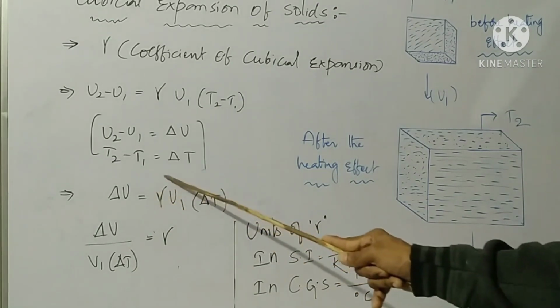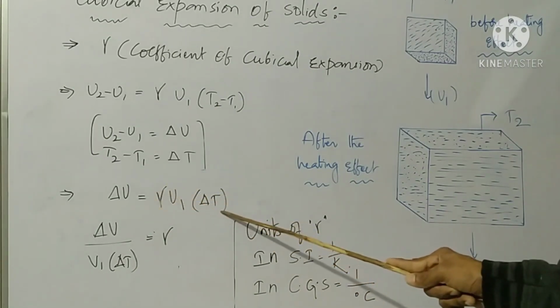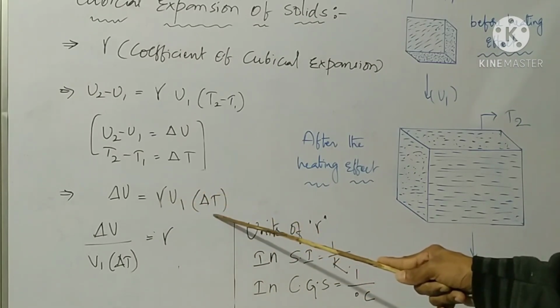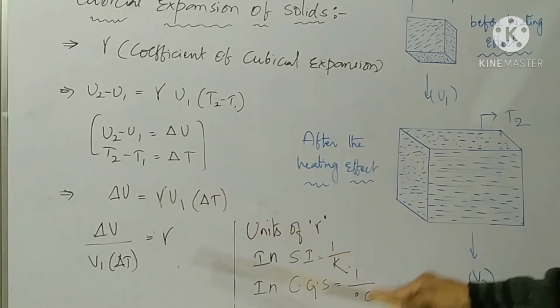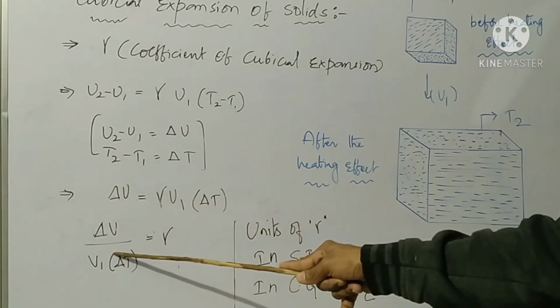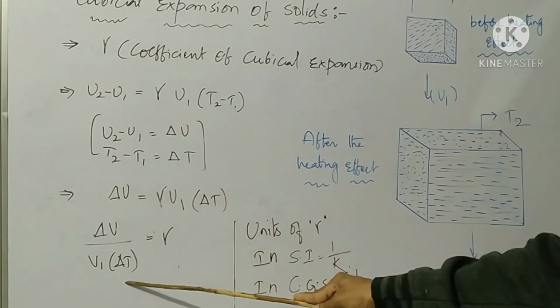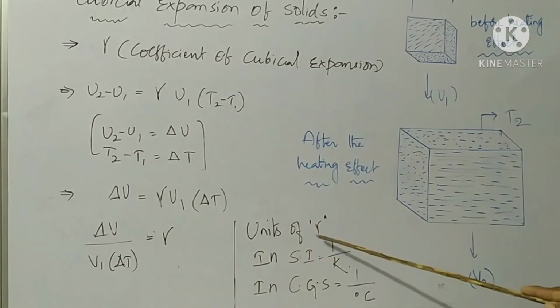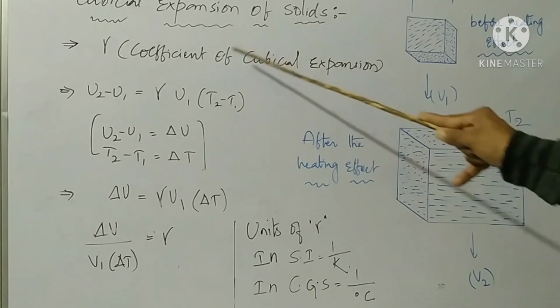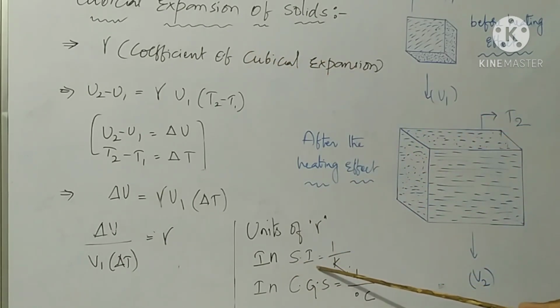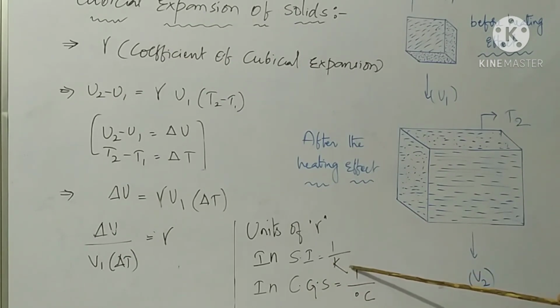We can get this gamma value by transposing these terms. So gamma is equal to delta V by V1 into the change in temperature delta T. Here the units of gamma, the coefficient of cubical expansion, in SI units, standard international units, are 1 by Kelvin.